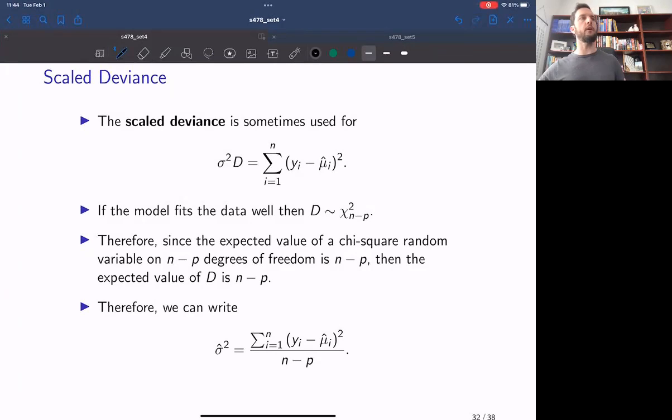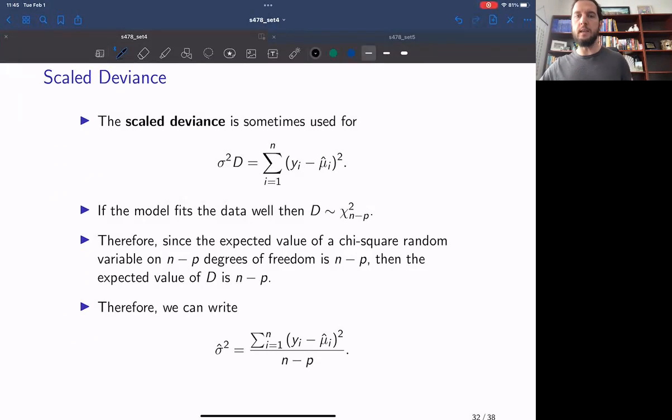So if the value of D is small relative to the associated degrees of freedom, n minus p, that's typically evidence or a lack of evidence that the full model would be needed. But once the value of D approaches the degrees of freedom, that would be an indication. Or no, it seems okay.